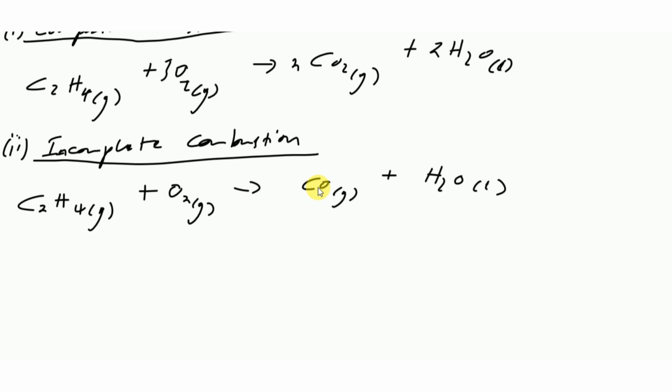And to balance up that equation, we're going to put a 2 there, a 2 here, and also a 2 there.